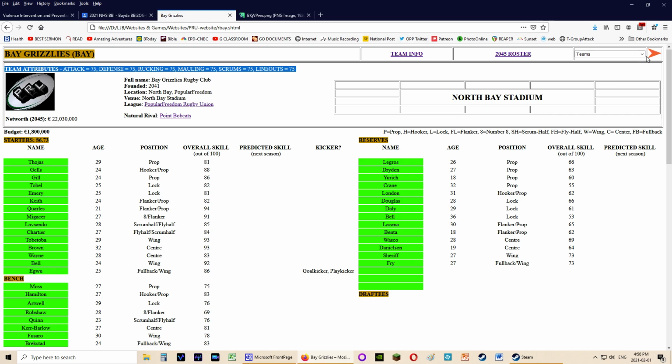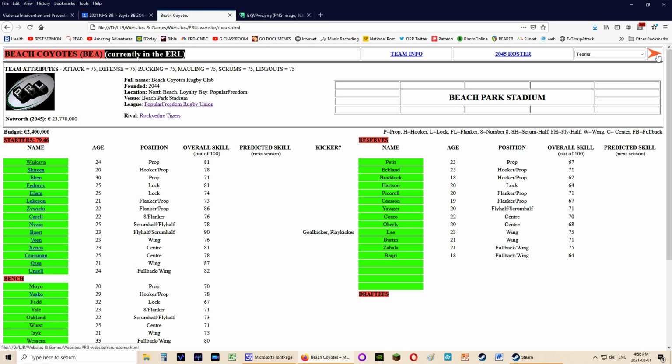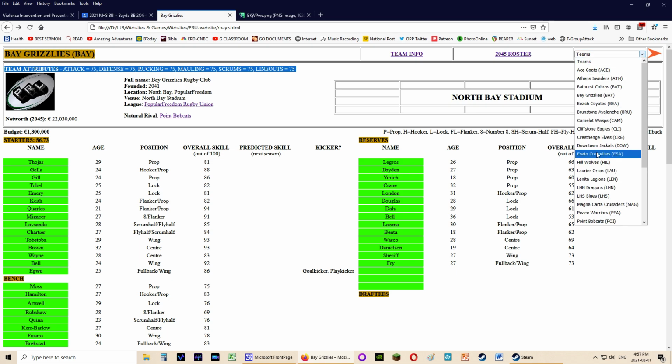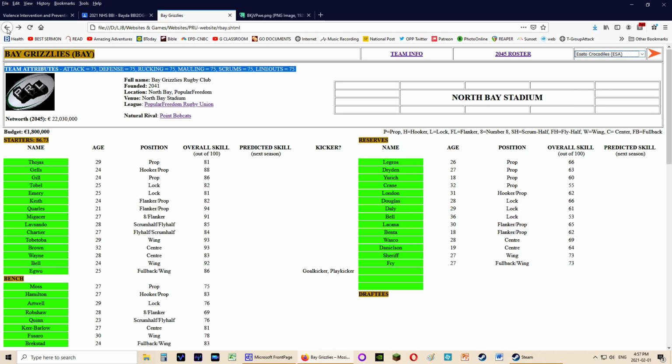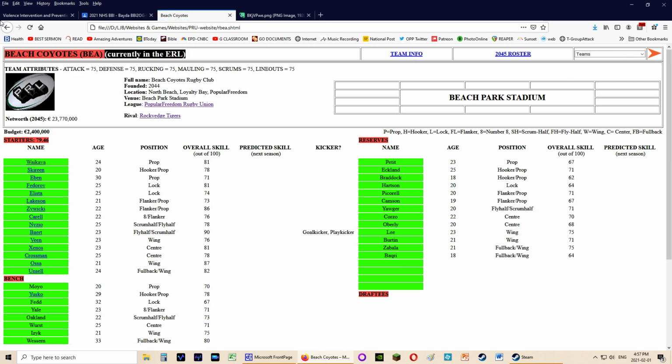Okay, once you're on the website, you'll be able to go to the next team alphabetically, or you'll be able to click on the drop-down menu and just click a team. But for now, all this information is not really of pertinence to you when you choose a team. All you really want to focus on is what is the team name, and quite literally set up a T-chart if I'm you. So on one side you would put the Bay Grizzlies, and the next side you might put the next team that you're going to consider.